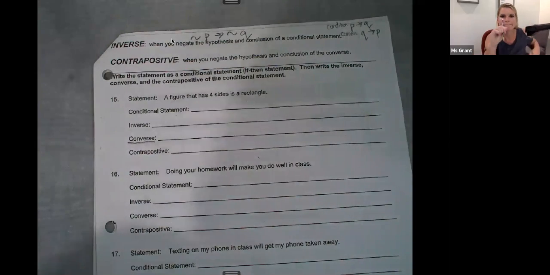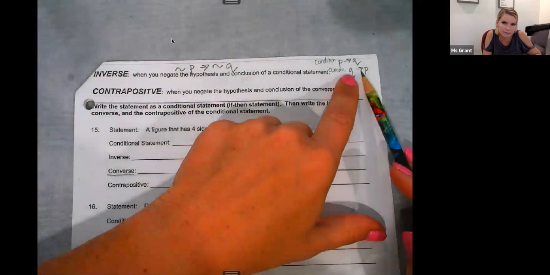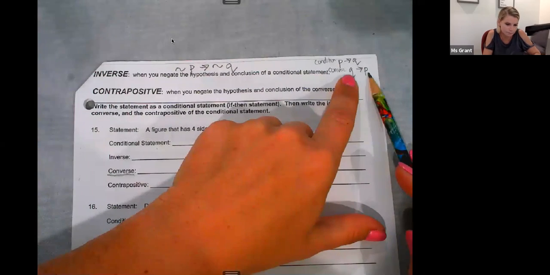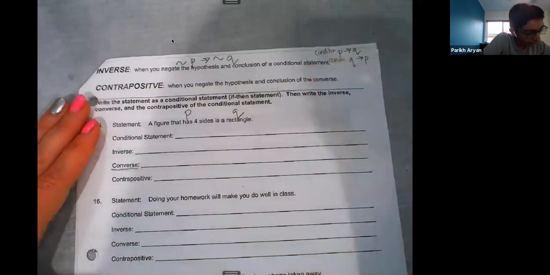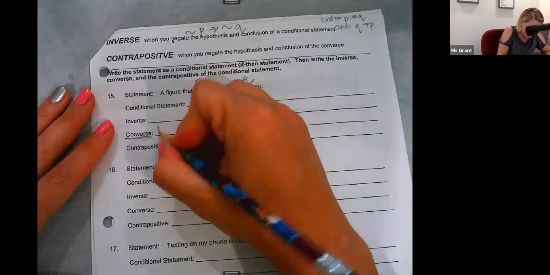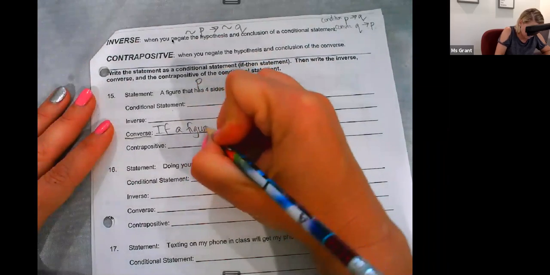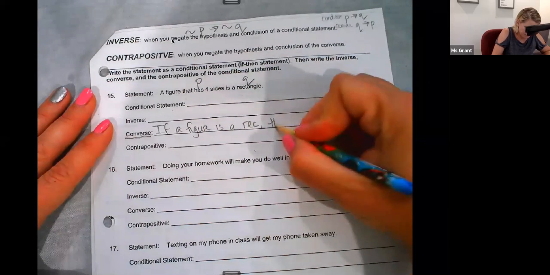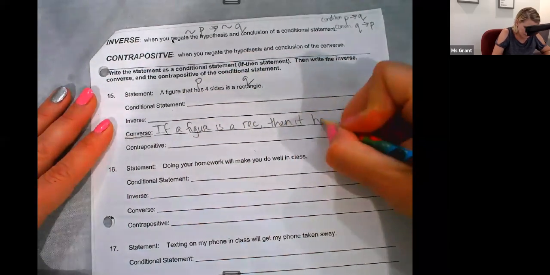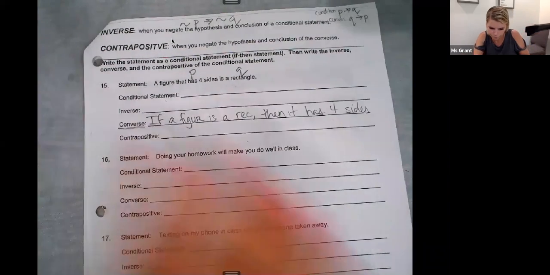The converse is right here. Q to P. Okay, so if a figure is a rectangle, it has 4 sides. Good. And I like that you did a figure. Thank you.